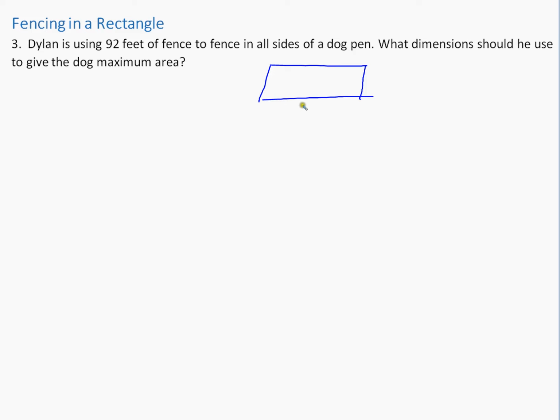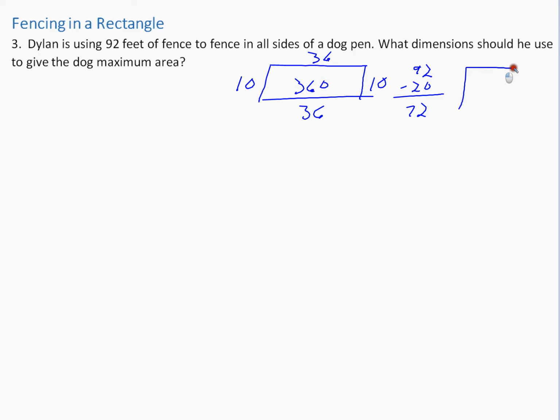Let's say we pick 10 feet here. We have 92 total minus 20 is 72, and that 72 divided by 2 is going to be 36 and 36. So this would give an area of 360 feet squared.